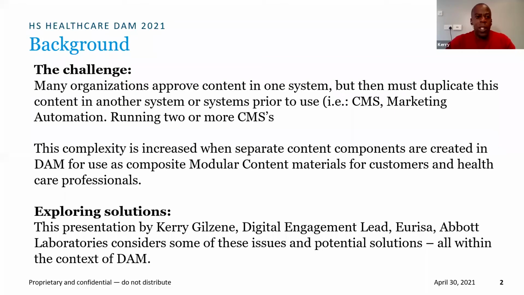So as we move to the next slide, of course, what we see is many organizations approve content in one system, as you know, like Zinc. Then they've got to put this content into another system, and then they've got to move the high-risk files over to somewhere else, or maybe you're operating with 2 or 3 CMSs. And then, of course, the complexity is increased when separate components are created for use in modular content.